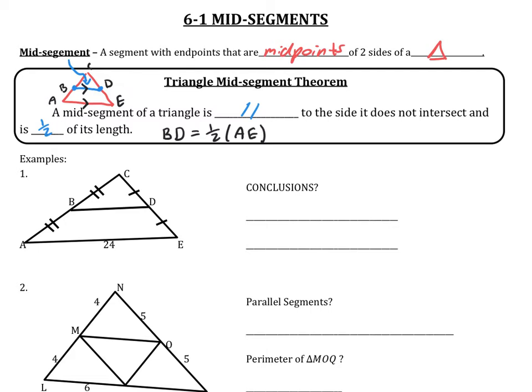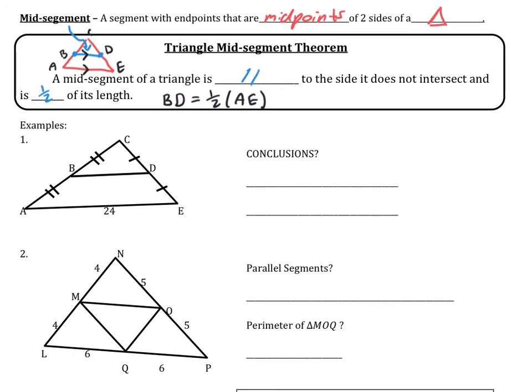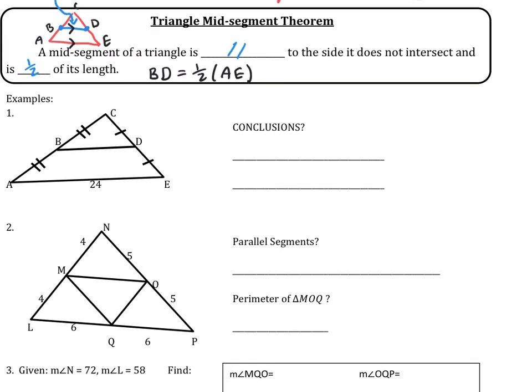Okay, so what can we do with this? We can draw some conclusions off of these various figures. First off, if AB is congruent to BC, that tells me that B is a midpoint. And if CD is congruent to DE, then D is also a midpoint. That means that BD is a midsegment.